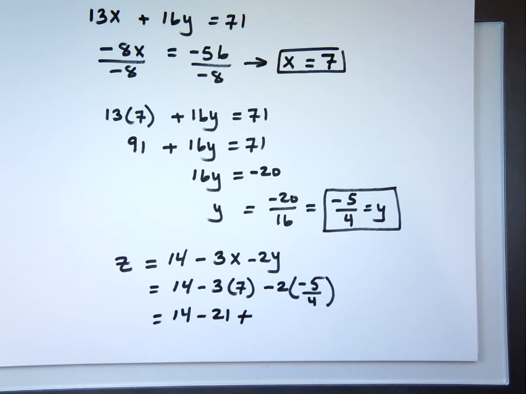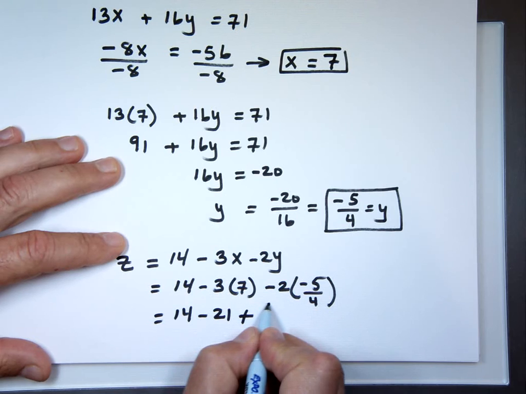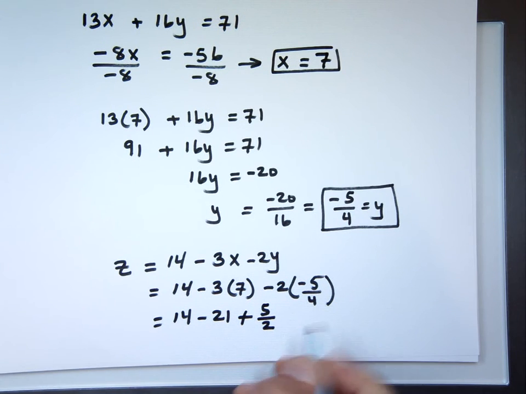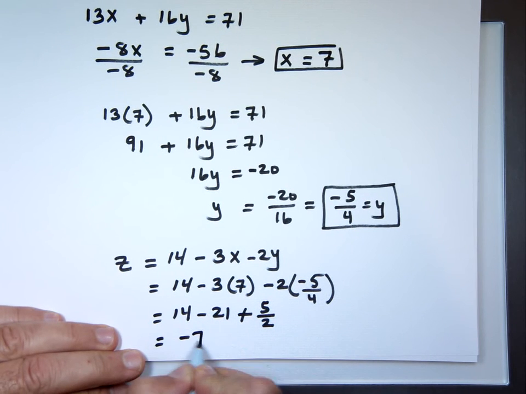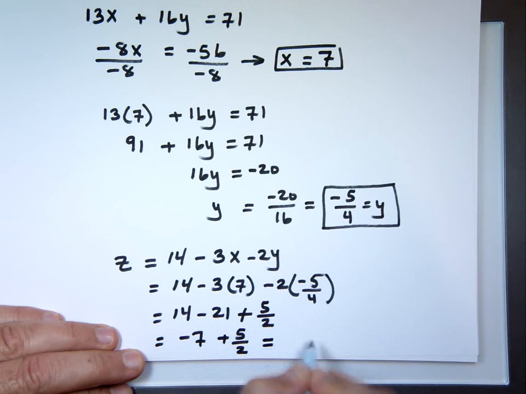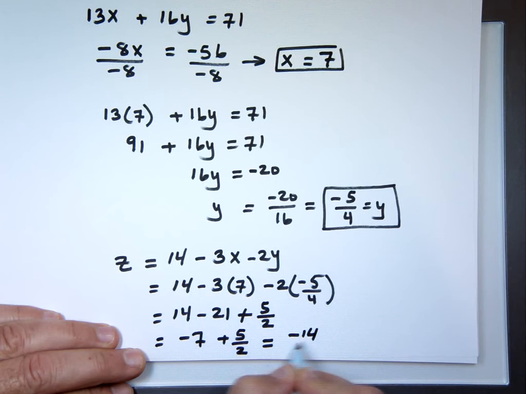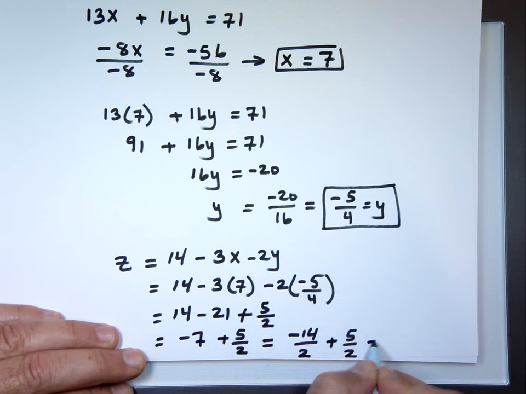Is that 5 over 2? 10 over 4, which is 5 over 2. What's 14 minus 21? Negative 7? Now, if you want to add or subtract, you need the LCD. That's negative 14 over 2 plus 5 over 2, which is negative 9 over 2.